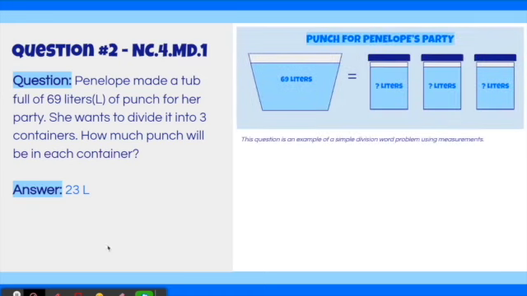Again, here is a diagram so you can visualize the tub and the 3 containers. Just like in the last question, this is a simple word problem, except this time we're using division. We know that Penelope's tub has 69 liters and she wants to divide it into 3 containers. We're trying to find out how much will be in each of the containers.